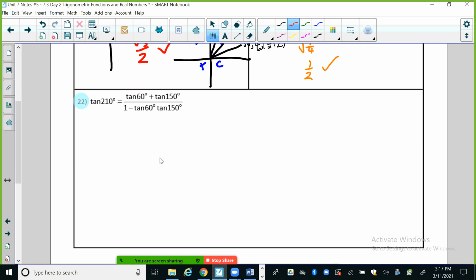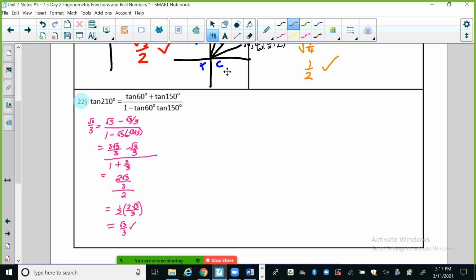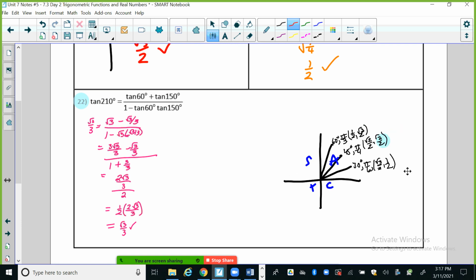And here's the answer to 20. Algebra is a bit messier for 22, lots of fractions there.